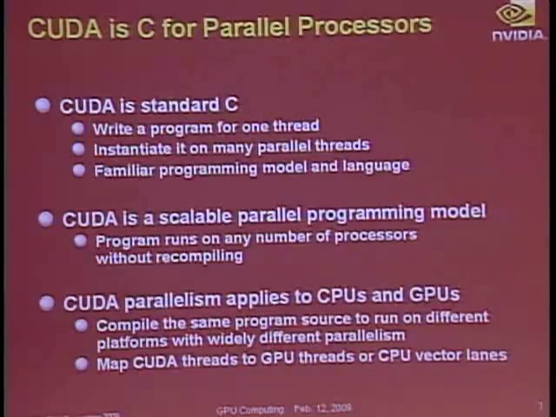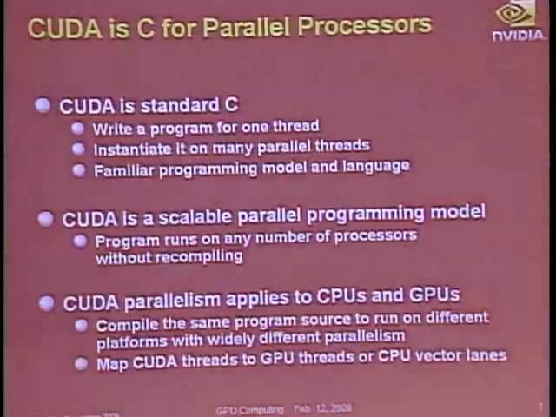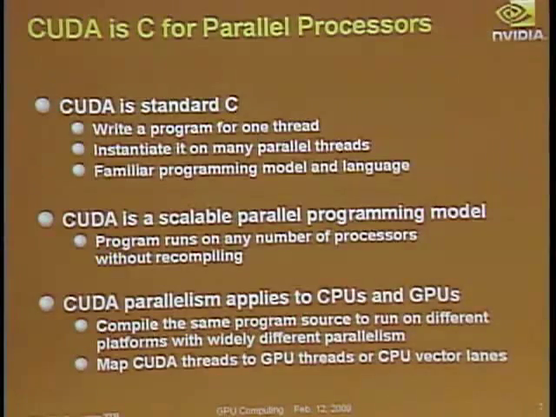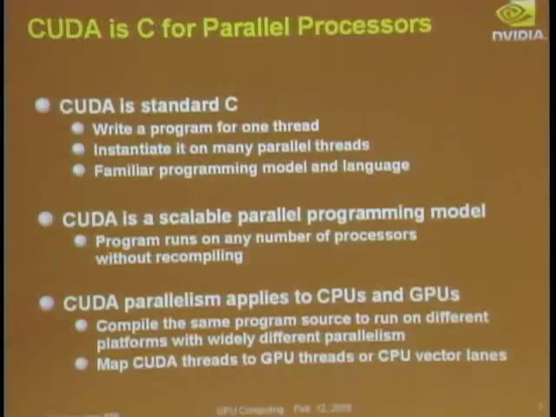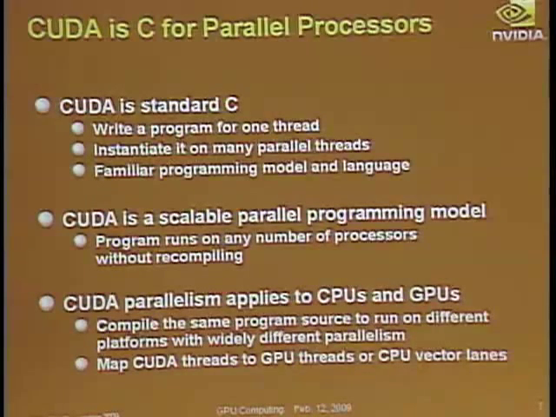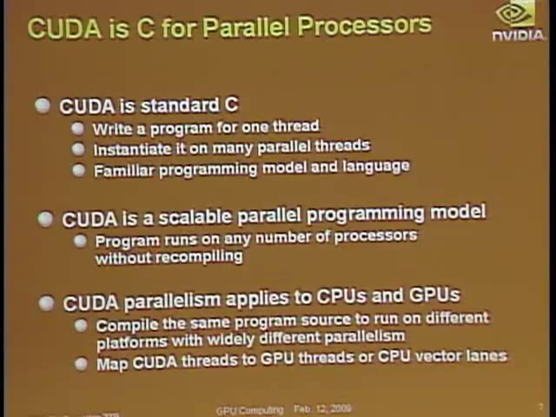So you guys know about CUDA a little bit, but basically it's just C. You write a program for one thread, and then you describe how to instantiate that on many threads. And it's familiar because most people know how to write C programs. And it's scalable because you can write this one program and run it on different sizes without recompiling.